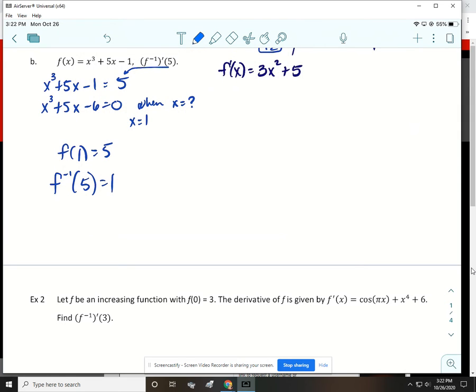All right, so we're ready to use the formula. So f inverse prime of 5 is equal to 1 over f prime of f inverse of 5. All right, we already know that f inverse of 5 is 1.